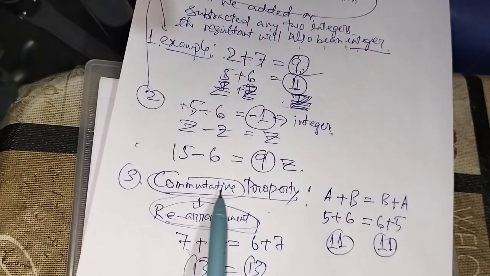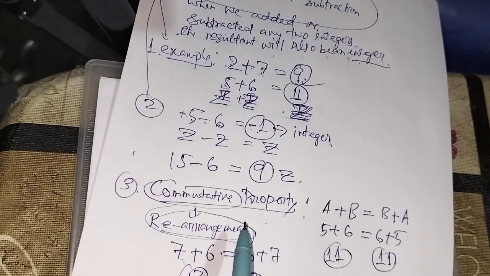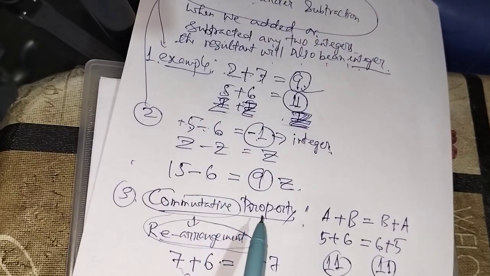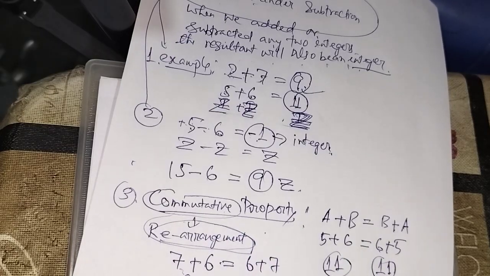See, commutative property, what does it say? It says that we can arrange the numbers in any order in case of addition, right? We can write the numbers in any order in case of addition.